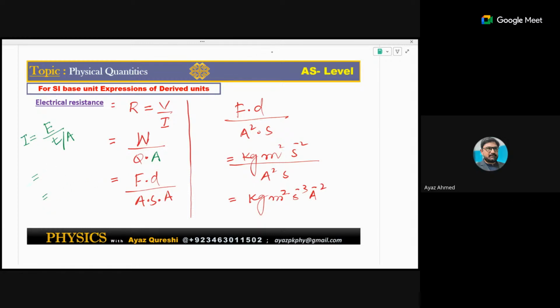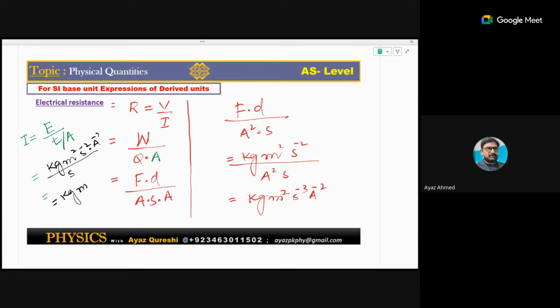Then you will just continue by this method, that energy is work done, which is kg m square s minus 2 divided by second, and this is divided by area, so area will be multiplied here, is it?